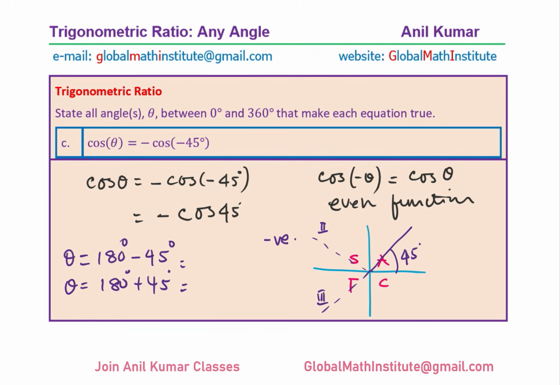Let me subtract that, right? So 225 will come here. And when you take away, we get 135 degrees. So these are the two solutions. These values of theta will give us a negative value, minus square root 2 over 2, which will satisfy the given equation.